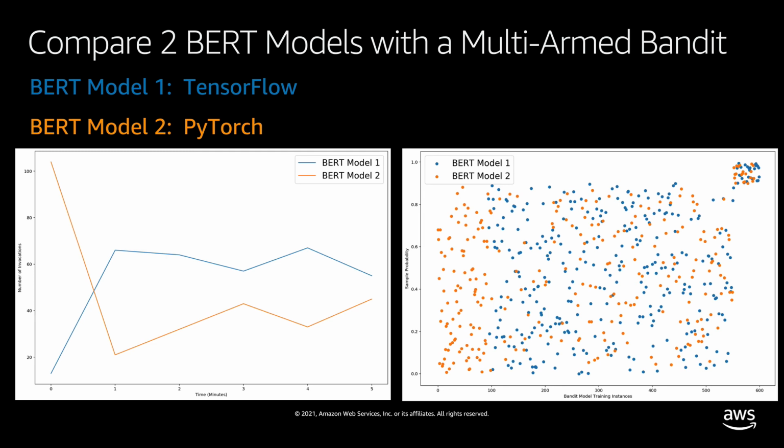Okay, so a quick summary of what we saw. We compared two of these BERT models, one TensorFlow, one PyTorch. We trained a multi-arm Bandit, and this is what we saw. Over about 5 minutes, we see more traffic starting to be sent to the TensorFlow model. Really, I wouldn't make too many false conclusions on this.